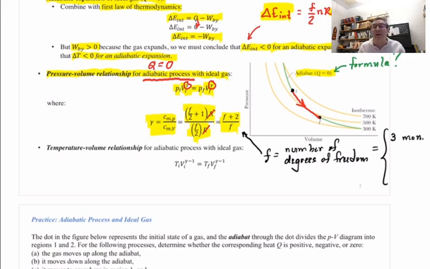If they're diatomic molecules, you always have the 3 translational degrees, and if it's very cold diatomic, that's all you have. But if it's room temperature diatomic, you've got the 3 degrees of freedom from translation and 2 degrees of freedom from rotation. So 5 if it's diatomic with rotation.